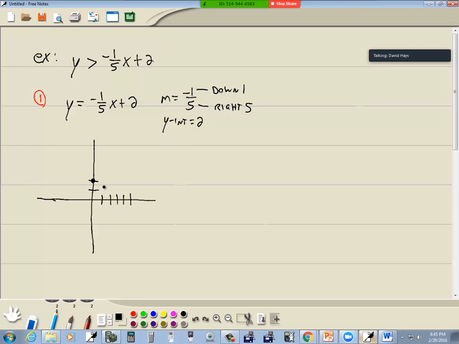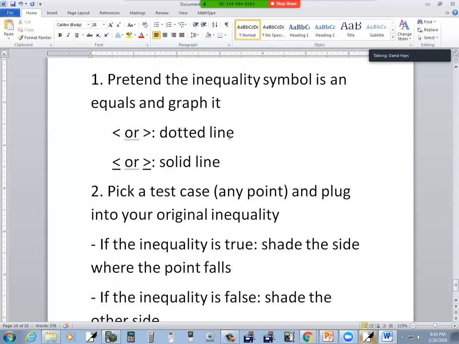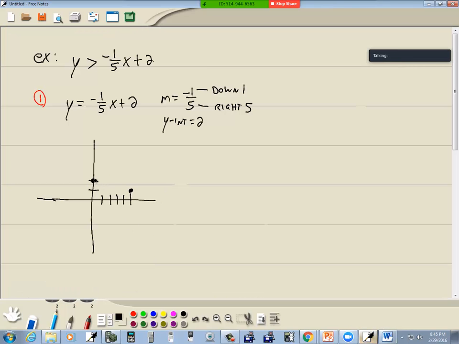So down 1 and right 5 would be right here, because I put 5 units here to handle going right 5. Now this is a greater than, and we said a greater than is a dotted line, which means the line you're going to draw through this is going to be a dotted line. So it looks like that.